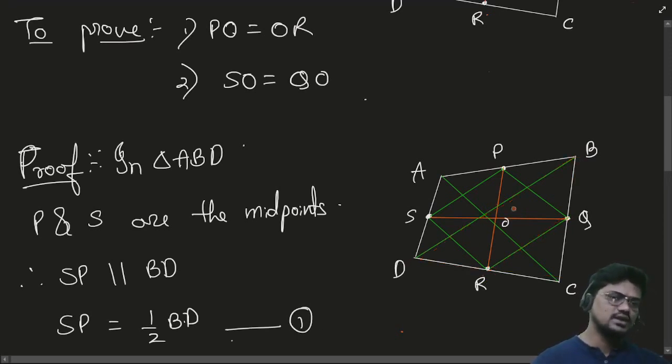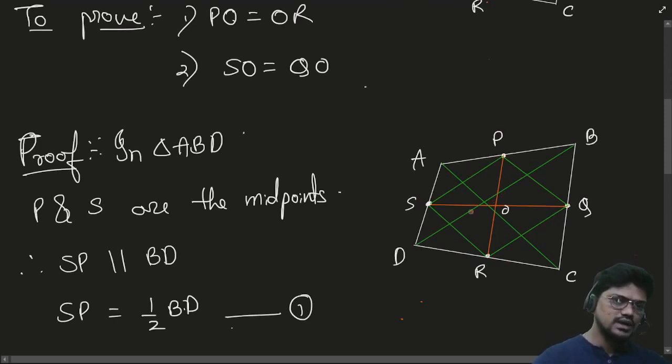So from 1 and 2, SP is parallel to RQ and SP is equal to RQ. For any quadrilateral, if a pair of opposite sides is equal and parallel, the quadrilateral is a parallelogram. So this quadrilateral is a parallelogram. Now, once it is a parallelogram, I know that the diagonals of a parallelogram bisect each other.